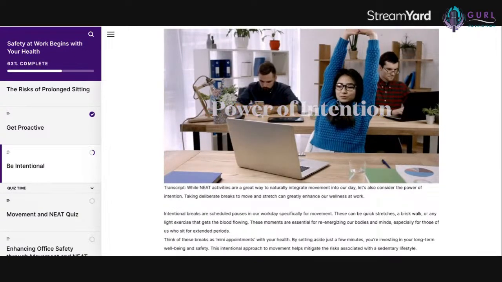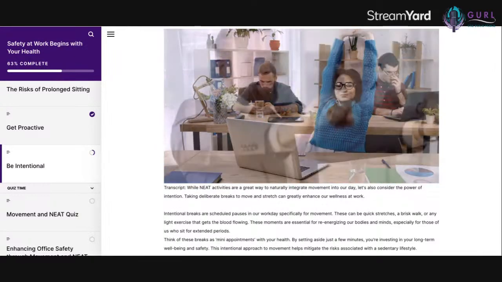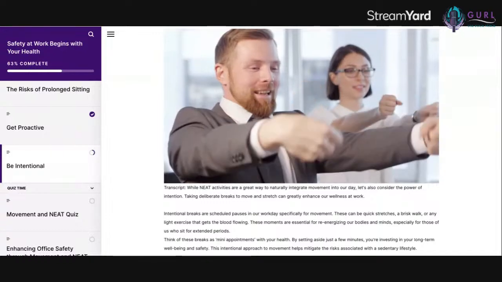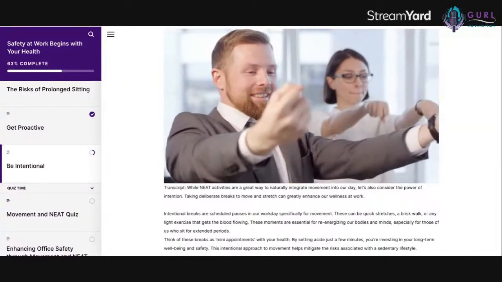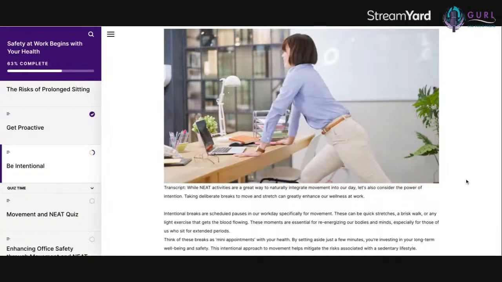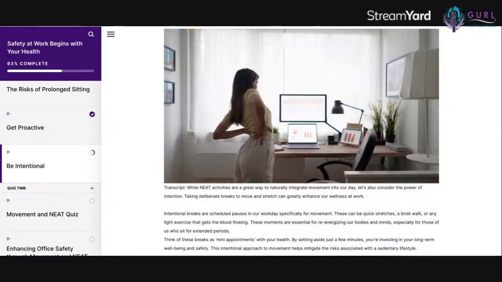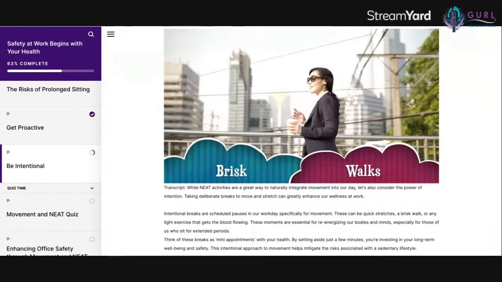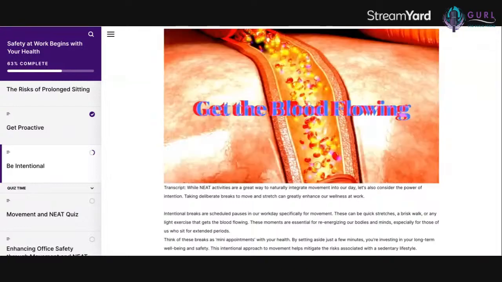While NEAT activities are a great way to naturally integrate movement into our day, let's also consider the power of intention. Taking deliberate breaks to move and stretch can greatly enhance our wellness at work. Intentional breaks are scheduled pauses in our workday specifically for movement. These can be quick stretches, a brisk walk, or any light exercise that gets the blood flowing.